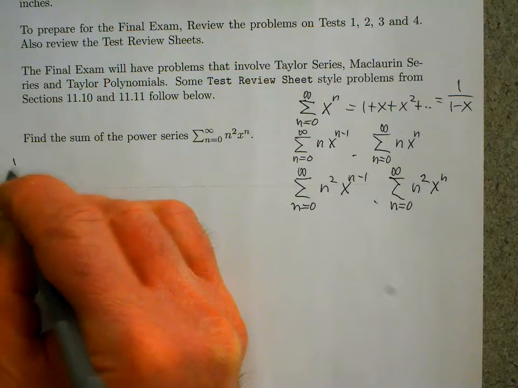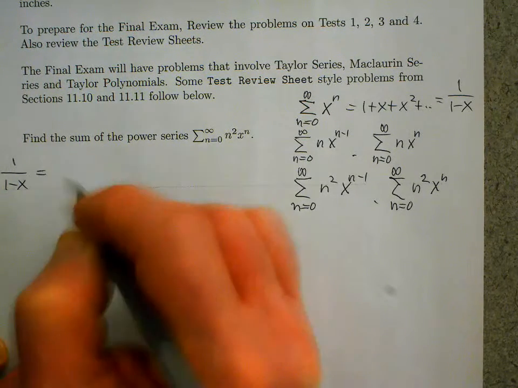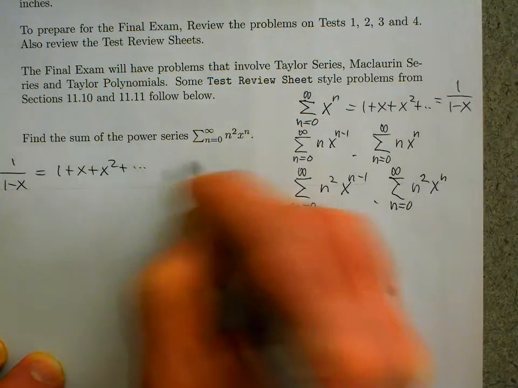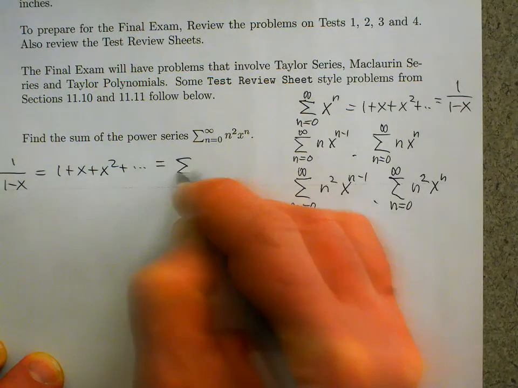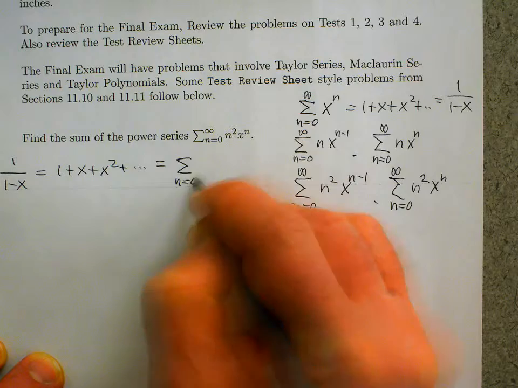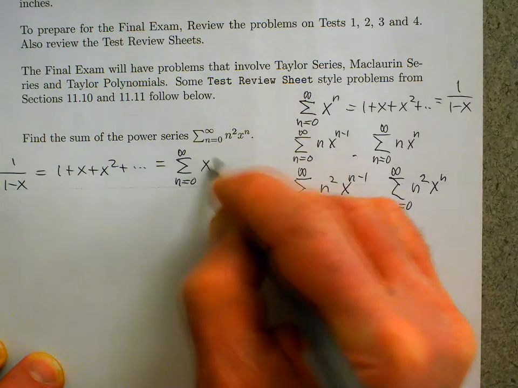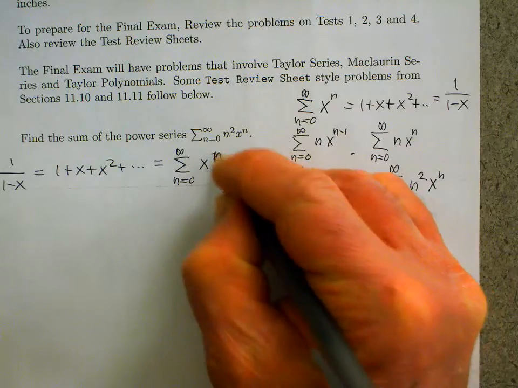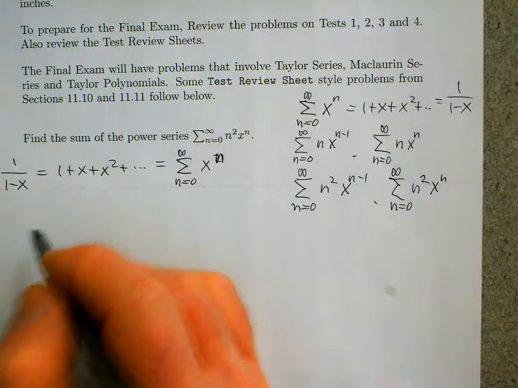Okay, so 1 over 1 minus x is 1 plus x plus x squared, and so on. Whoops, x to the n. Duh. And then we take the derivative.